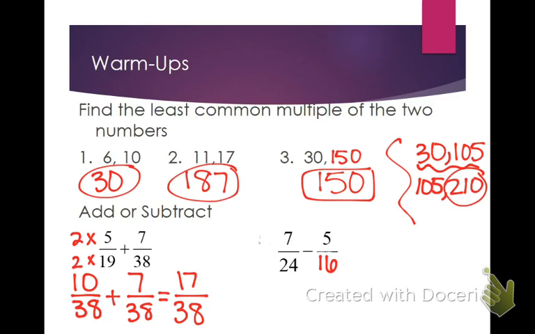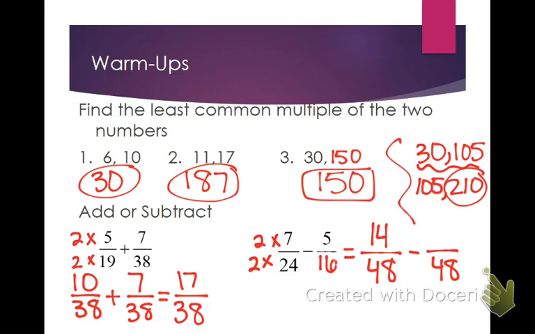So this time, we're going to have to change both of our denominators. So I know I want both of my denominators to be a 48. I'm still subtracting in the middle. So what did I have to do to 24? Multiply by 2. So I also need to multiply what else by 2? The numerator. 2 times 7 is 14.